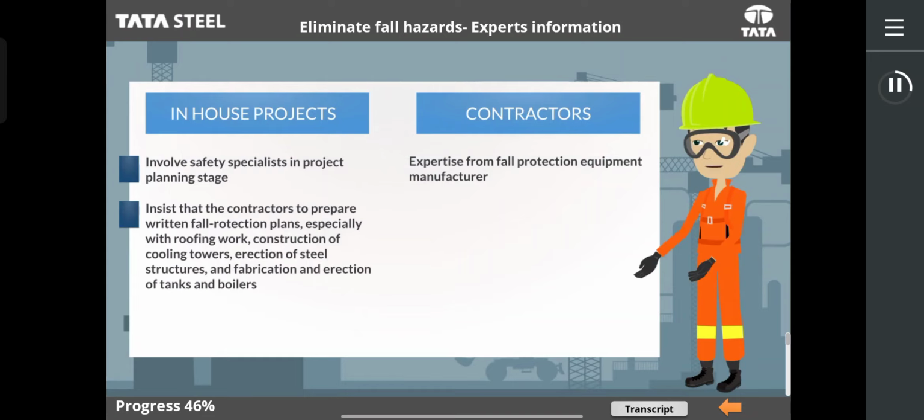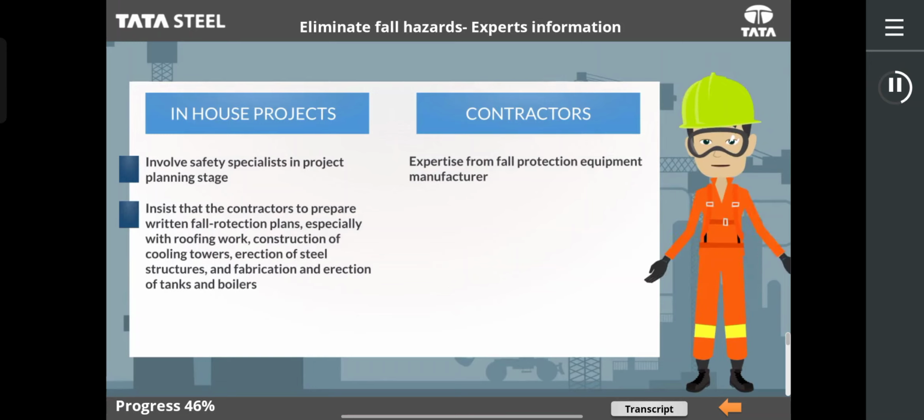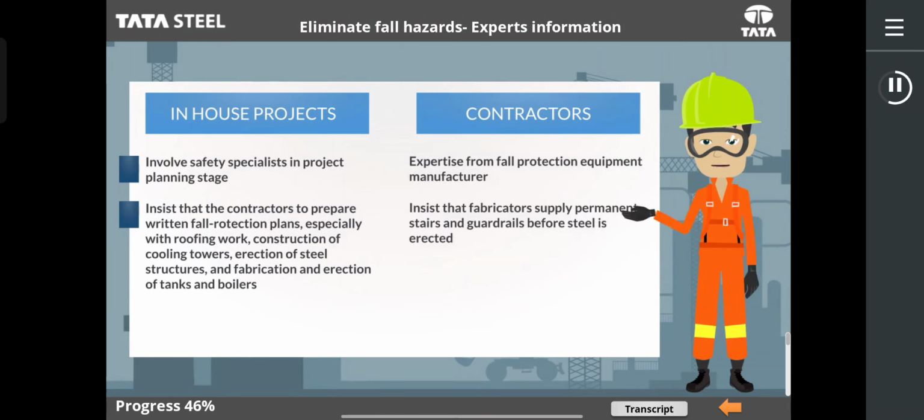When working with contractors, we should ensure and insist that the contractors prepare written fall protection plans, especially with roofing work, construction of cooling towers, erection of steel structures, and fabrication and erection of tanks and boilers. Insist that fabricators supply permanent stairs and guardrails before steel is erected.